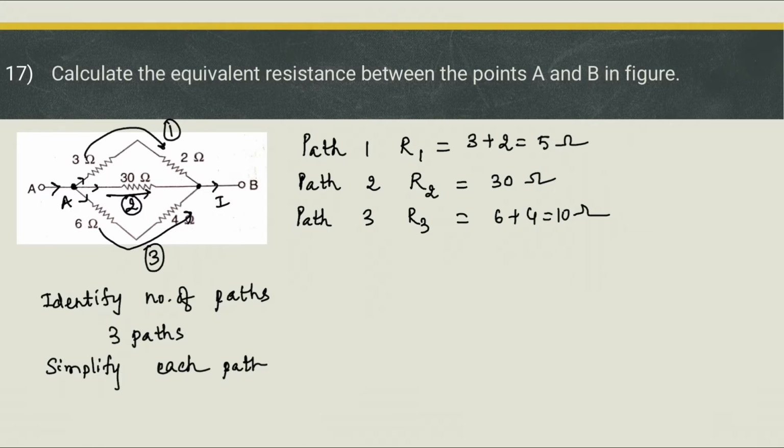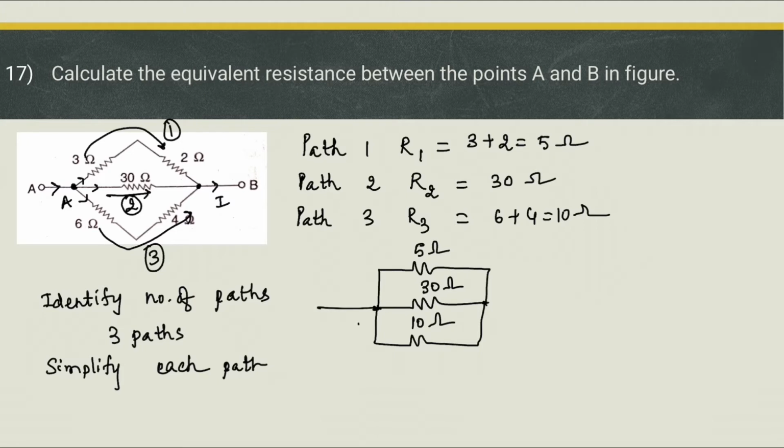So now this circuit diagram will look something like this. So on path 1, 5 ohm. On path 2, 30 ohm. On path 3, 10 ohm. And then we can find equivalent resistance.